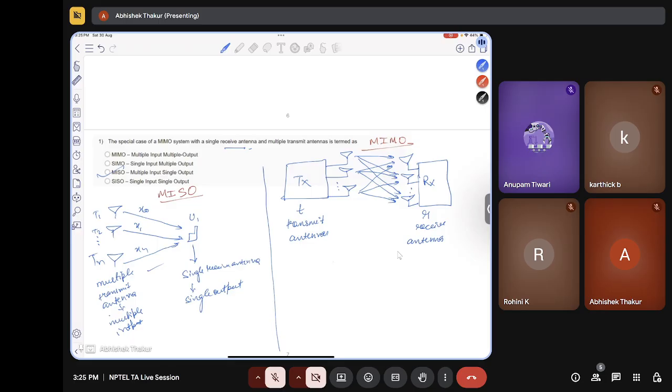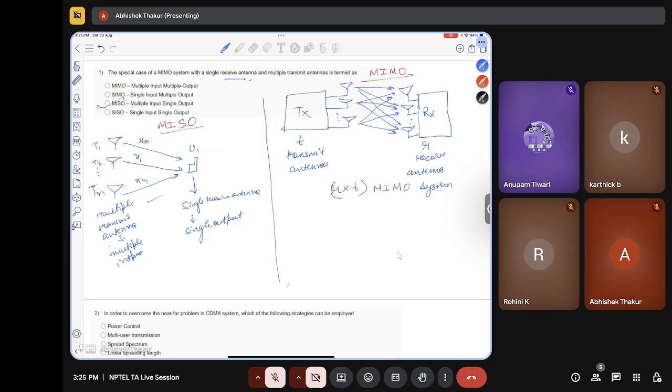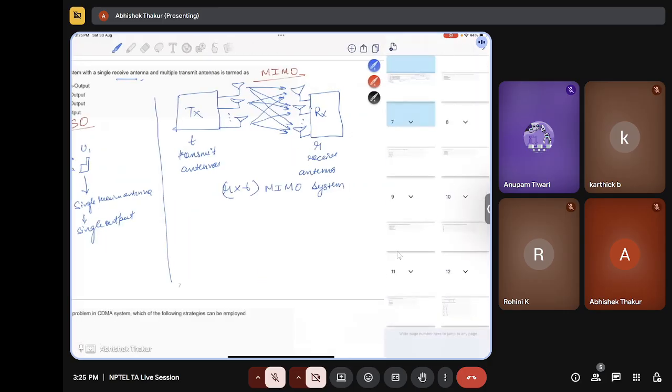So now this is the R cross T MIMO system because there are R receive antennas and T transmit antennas. Now we will see how to represent this in matrix form.